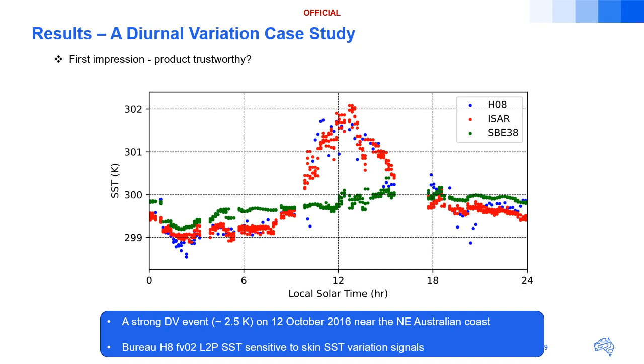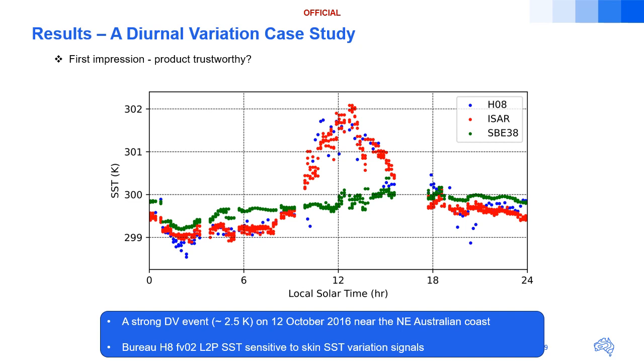And this plot is showing all 3 SST datasets during this 24-hour period. Blue is satellite, red is ISA, and green is depth SST. Now, as expected, there's hardly any diurnal variation in the green line at that depth.